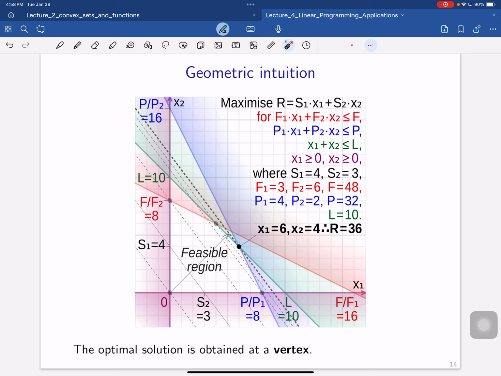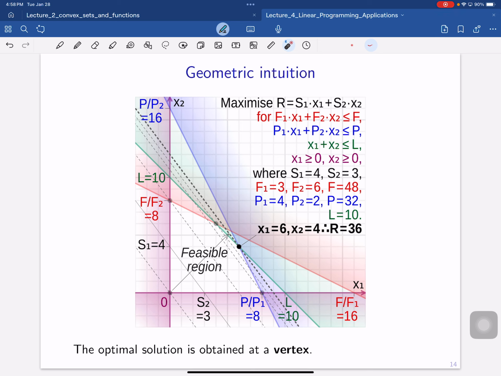Red, blue, and green. So here's this red constraint, and this is the green constraint. This is the blue or purple constraint, right? So as you can see, the feasible region of this problem is essentially this particular region denoted by, in total, we have 5 constraints, right?